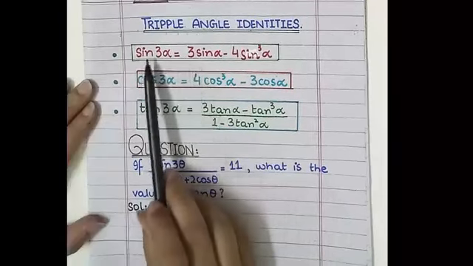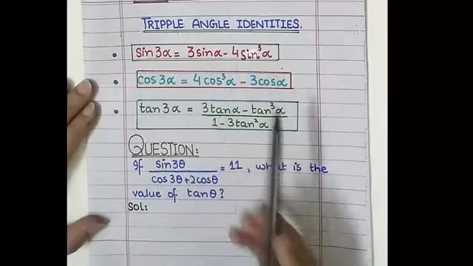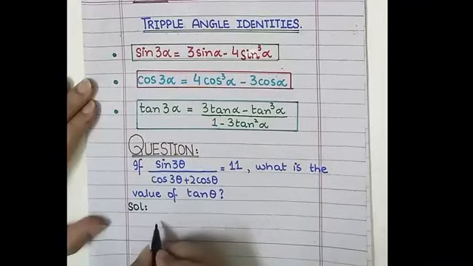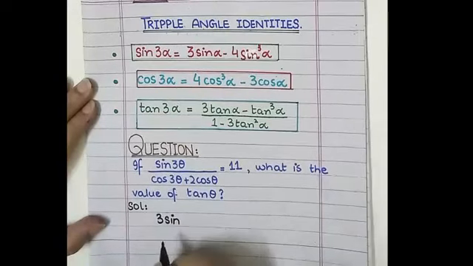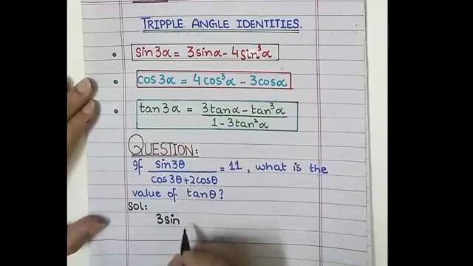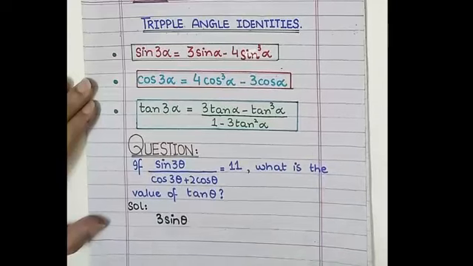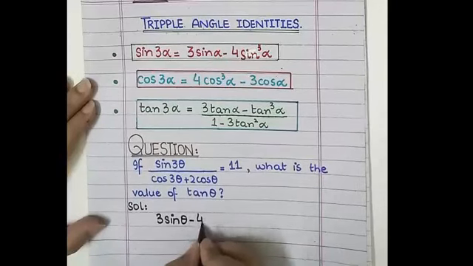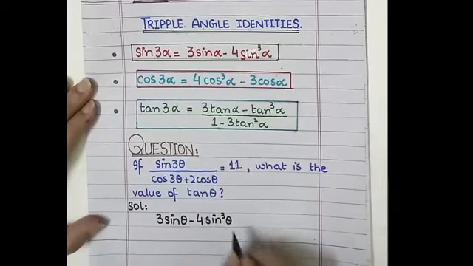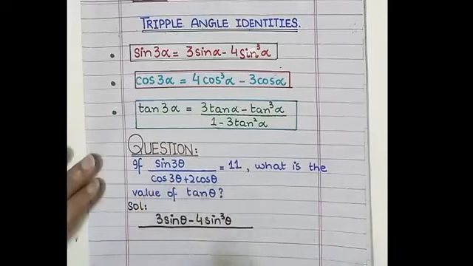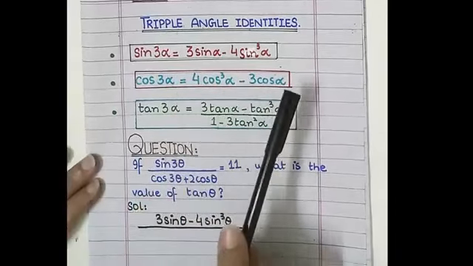So the formula for sine 3 theta is this one. We will put 3 sine, and since we have theta, we write the formula in terms of theta, minus 4 sine cube theta. This is cos 3 theta, so this is the formula for the triple angle of cos.